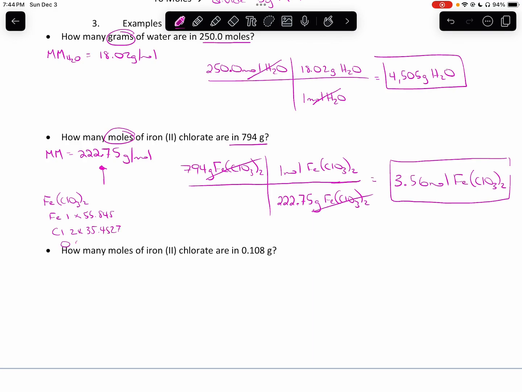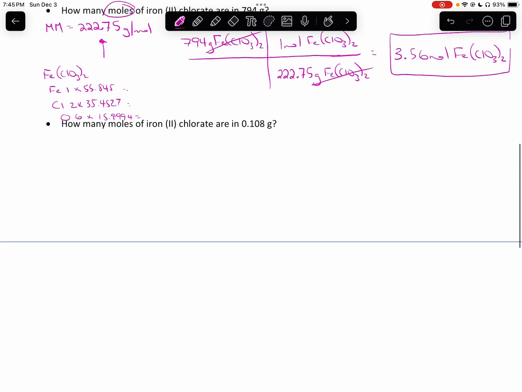Then we had O, 6 times 15.9994. Right? We multiplied those out and just added them together. That was just hopefully a quick review for you if you weren't understanding where we got that number. So that molar mass is on repeat down here for this one. We have 222.75 is our molar mass because we are still talking about the same compound.